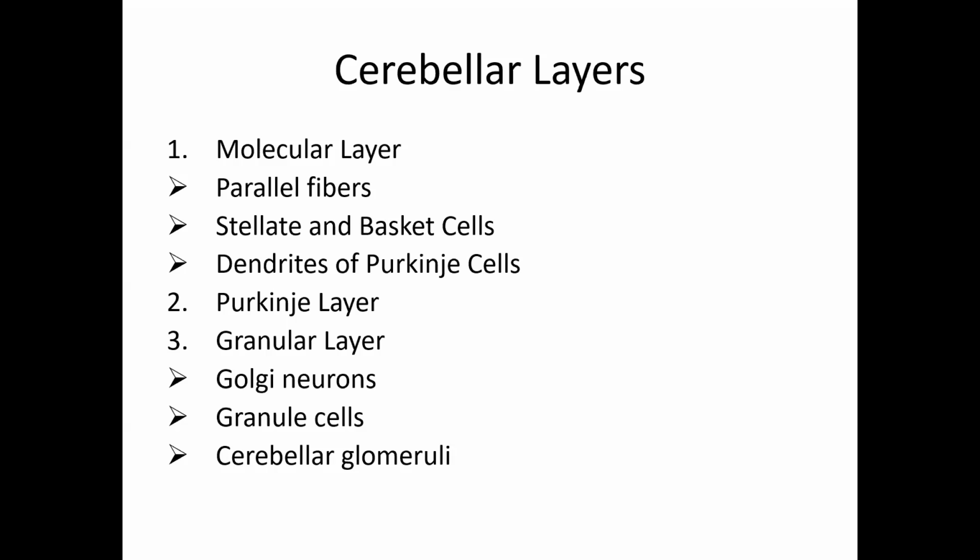And these dendrites extend upwards into the molecular layer. So communication about how these Purkinje cells should be activated or not activated will depend upon the excitatory or inhibitory input coming into these Purkinje cells.